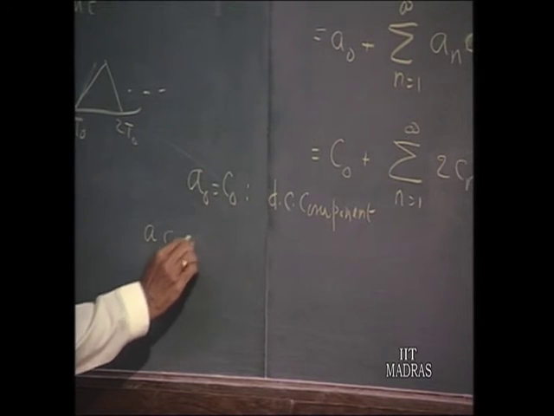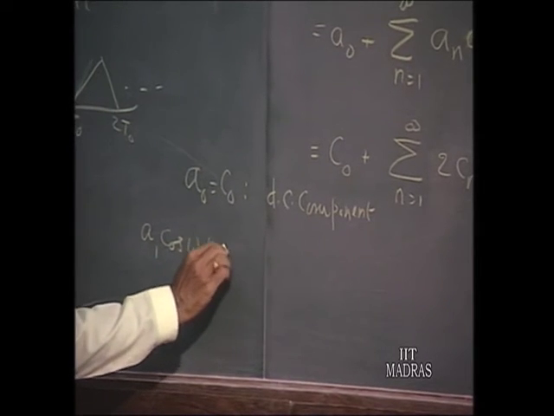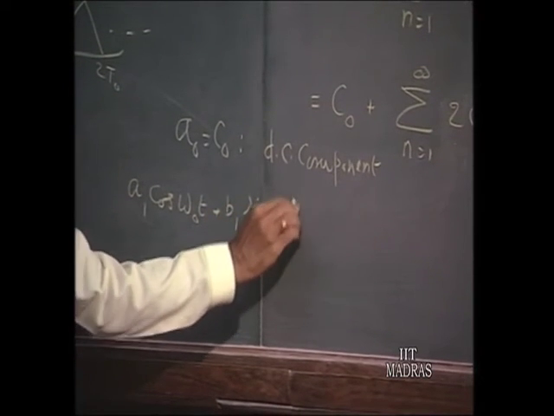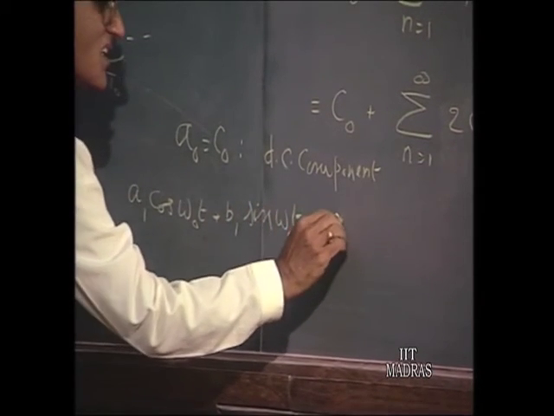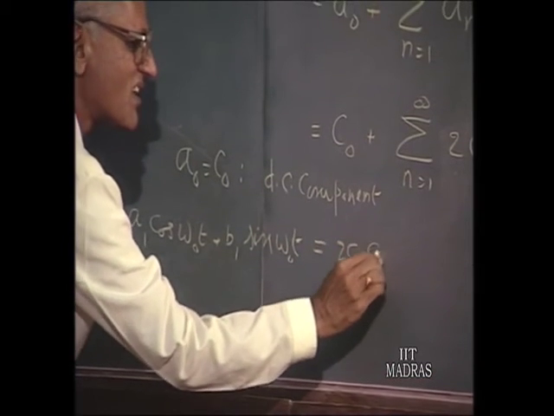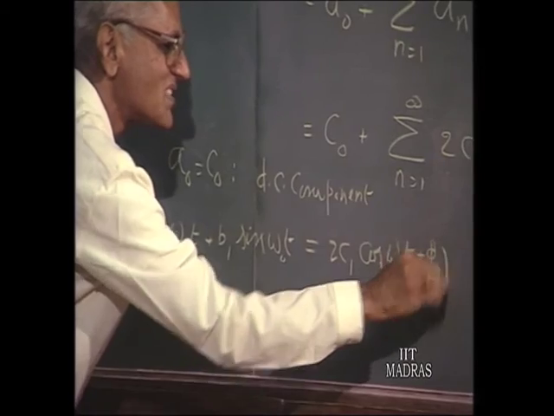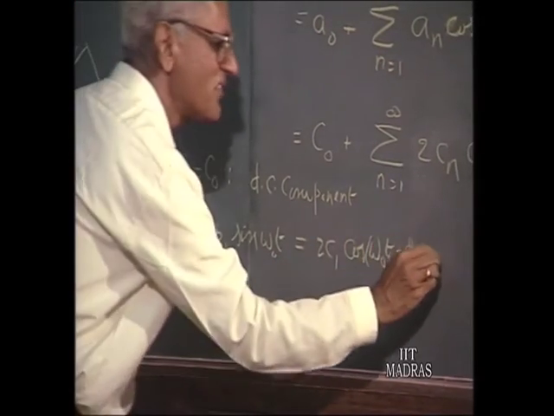A1 cos omega naught t plus B1 sin omega naught t, which of course is 2C1 cos omega naught t plus phi 1, is called the fundamental component.